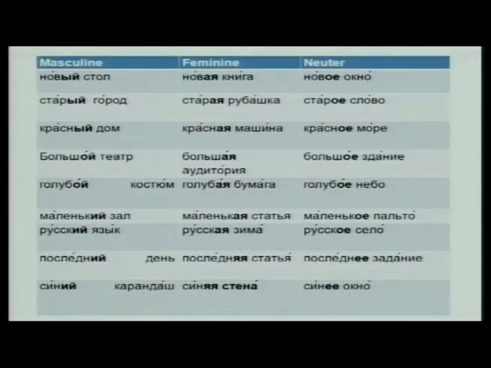Dear learners, we have also discussed the agreement between the adjectives and such nouns which are of masculine, feminine and neuter gender. The agreement between the adjective ending and noun ending is a very important aspect of the Russian language.